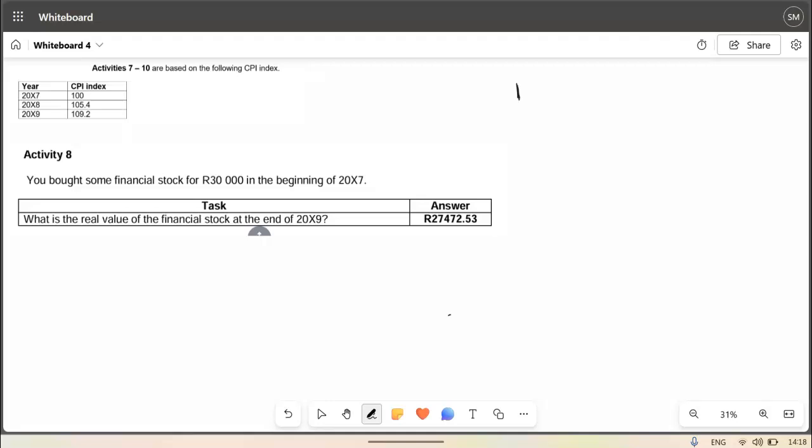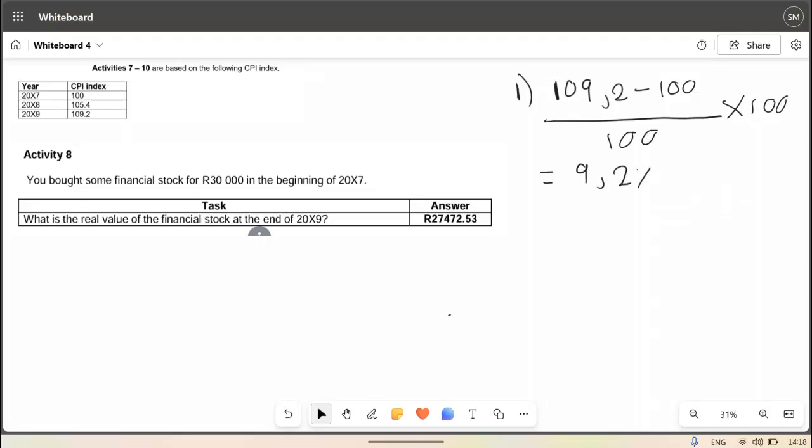Step number 1, we must get the inflation rate, which is going to be our new CPI minus our old, divided by our old, multiply everything by 100, and the answer there is going to be 9.2%.